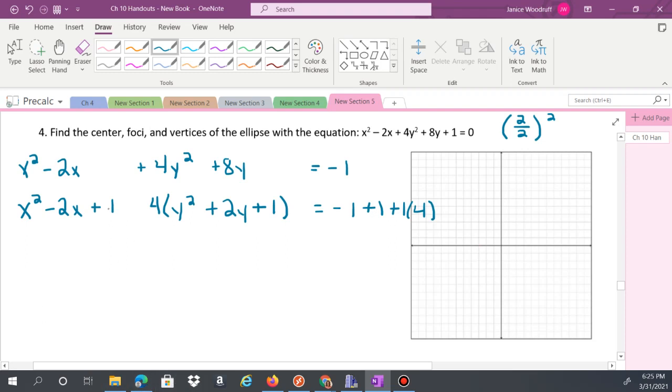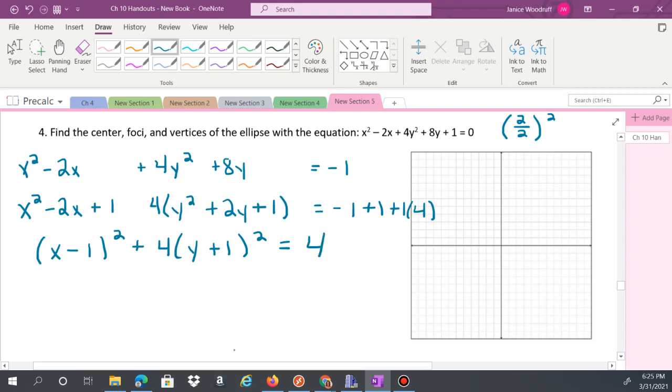Okay, then factor x squared minus 2x plus 1 gives us (x minus 1) squared. And then here I get a 4, and then (y plus 1) squared. And then here I have negative 1 plus 1, which is 0, plus 4.